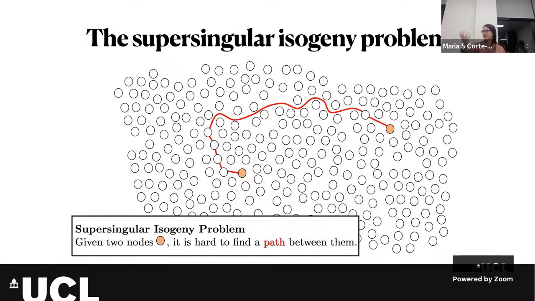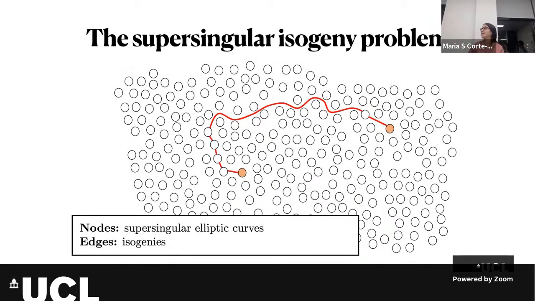And the reason why we think this should be hard is that many years ago, I think 50 or 60 years ago, it was shown that the graph constructed in this way has optimal expansion. What we mean by this is that if you take a short path in this graph, you'll land at a pseudo-random node.